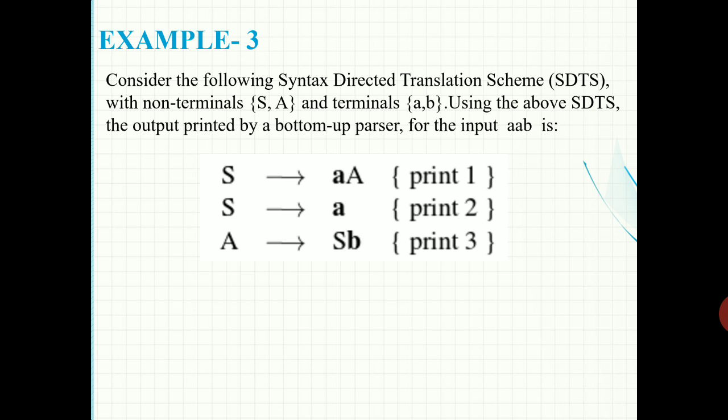If nothing is mentioned in the question, then we can follow the leftmost derivation, but here it mentions a bottom-up parser. In a bottom-up parser, we follow the rightmost derivation in reverse.